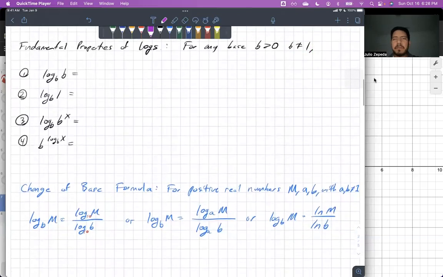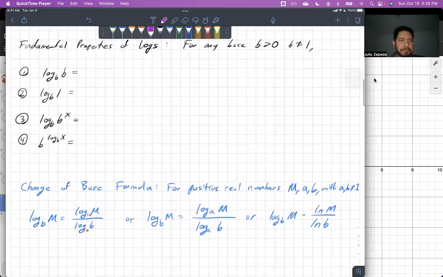I know why, but I'm not going to go into it because I don't want to make this video that long. So let's go ahead and give these 4 properties, and we won't explain each one of them, but maybe we'll come back and explain them later.